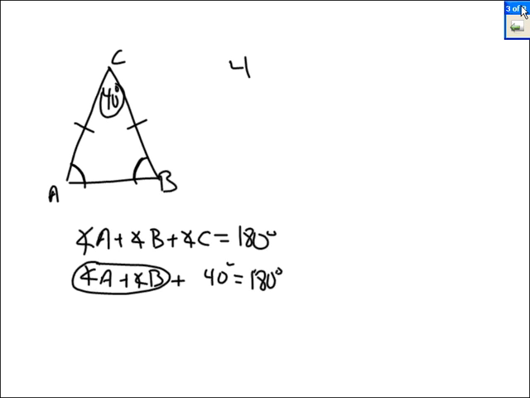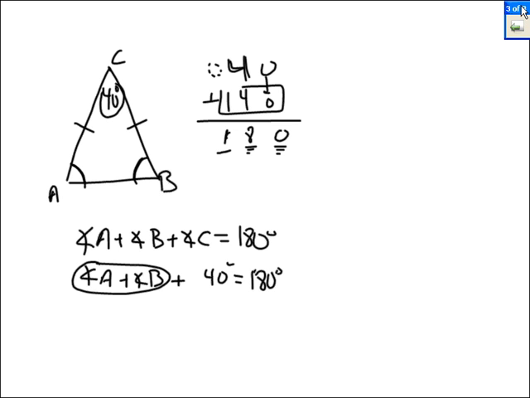I know here's 40, and I want to add something to get 180. Well, 0 plus 0 gives me 0, 4 plus 4 gives me 8, there's an understood 0 here, plus 1 gives me 1. It's 140. So angle A plus angle B is 140 degrees.